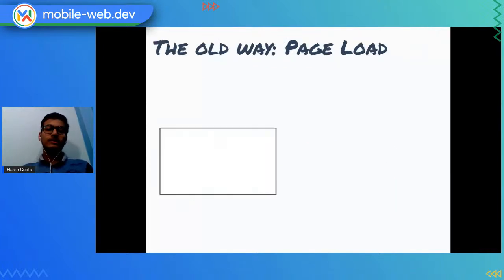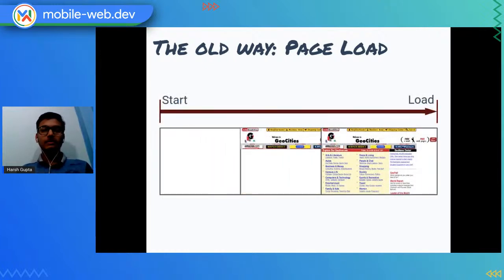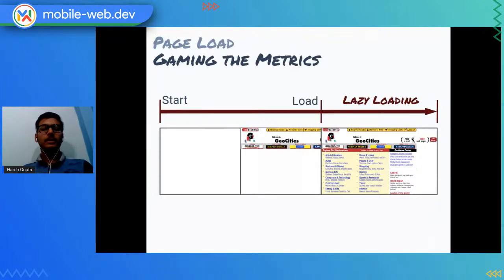So in the older ways, we have page loads from start to end. It means it takes the whole time from start to end, and it gives a performance rating according to that. It could be anything, like it started from blank and ended with the loaded nav bar.